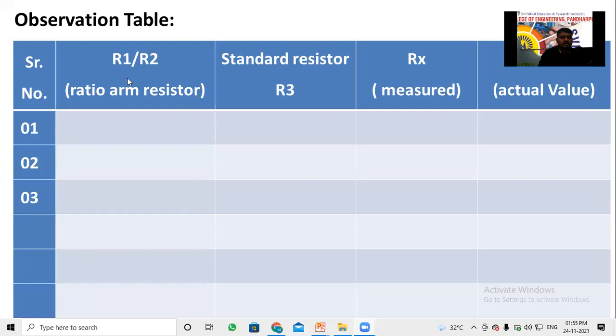Any one of you take the observation table like this. You take it down.